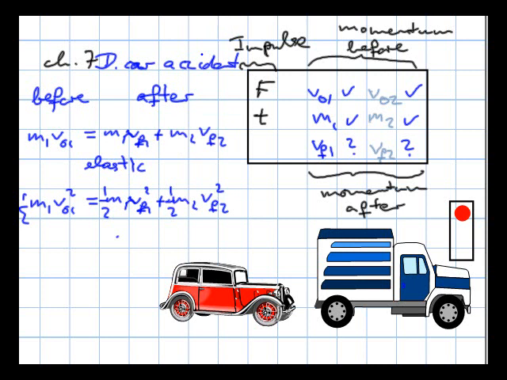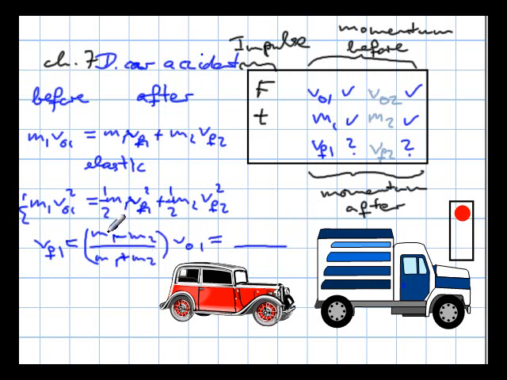I think it's example 7, collision in one dimension, where it says that it is elastic, and here's what they come up with, that vf1 equals (m1 minus m2) divided by (m1 plus m2) times v01. And as I said, if we did all the algebra, we could come up with that.